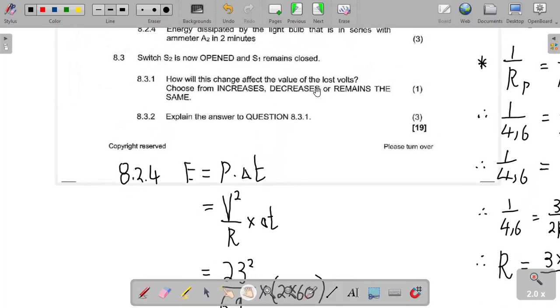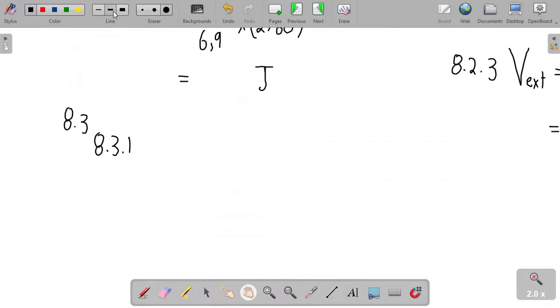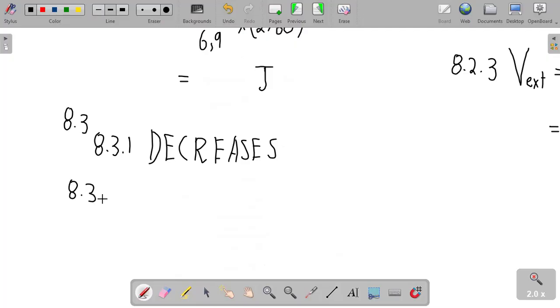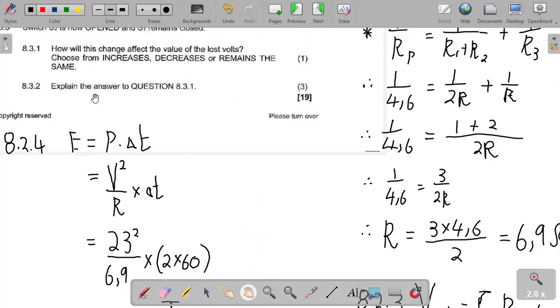So the lost volts will decrease. Decreases. And then 8.3.2, I think we're required to explain why. Yes, explain the answer to question 8.3.1.